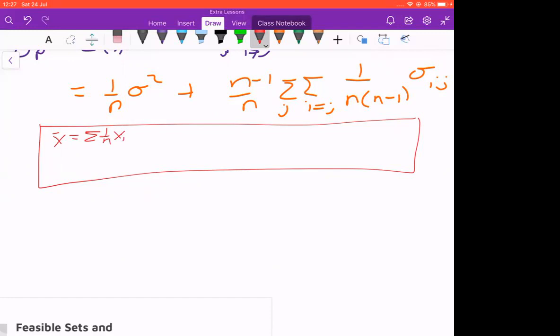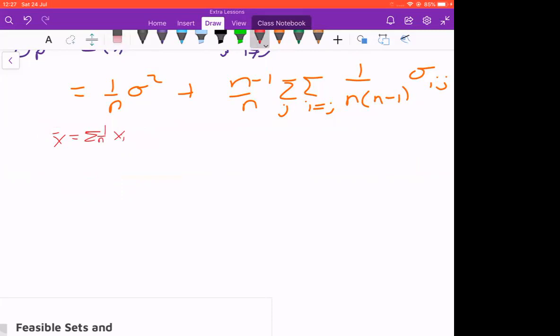This is assuming that they have the same weight. You can just say weight, or you can say probability. Either way is fine. I will assume that our weight is going to be 1 over n. So this is how you write your expectation.